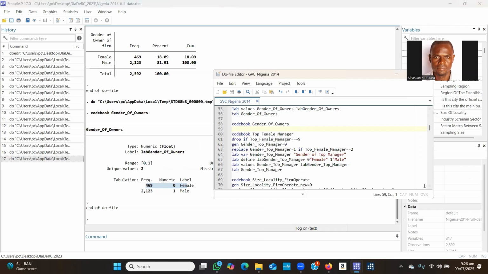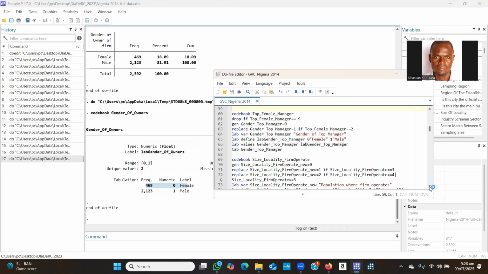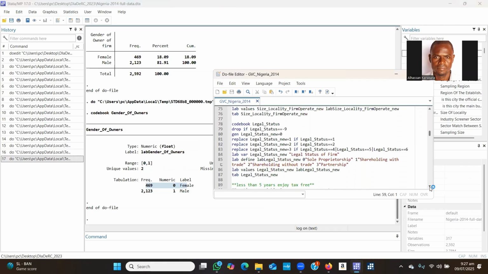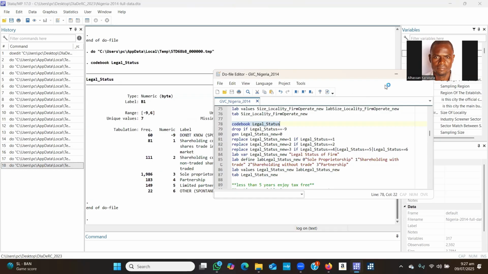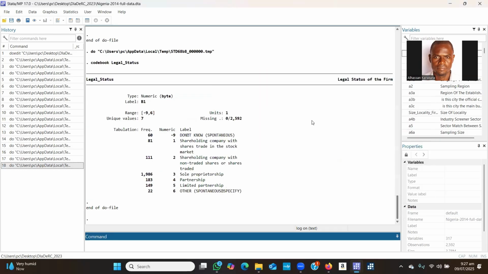So if you have some other variable, we have so many variables, I want us to take through some other variables, which is almost the same. For instance, we are looking at the legal status of a firm. If you code book it, you'll see that we have firms that have indicated that they are shareholding company with shares traded in the stock market. Some other firms indicated they are shareholding company with non-traded shares.